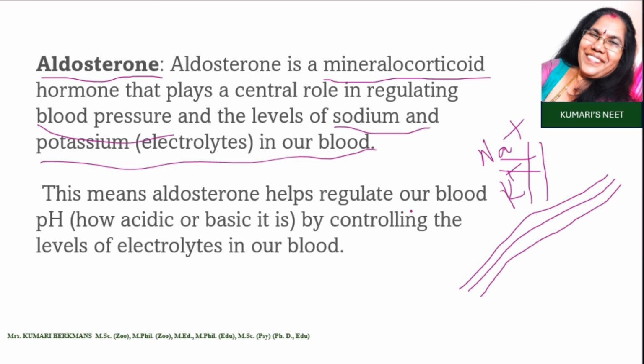So make a note of it, okay. And this also helps to regulate the blood pH, acidic as well as basic. Actually blood pH is a little bit basic, okay. By controlling the levels of electrolytes, this aldosterone is doing this.